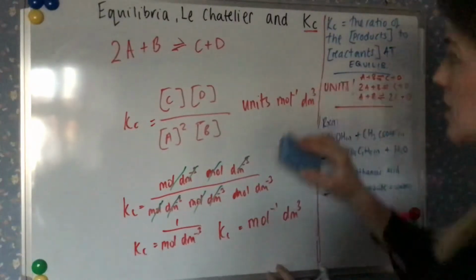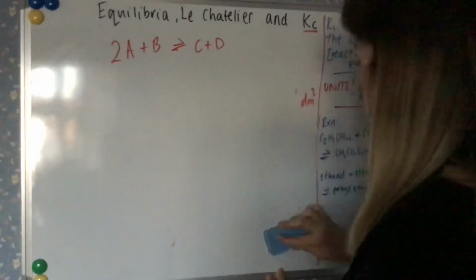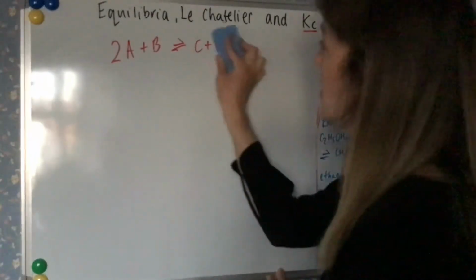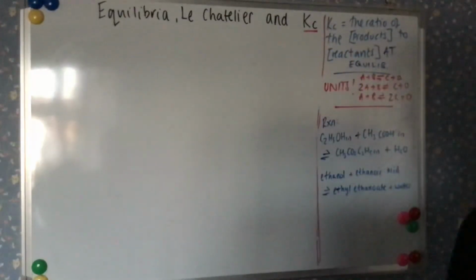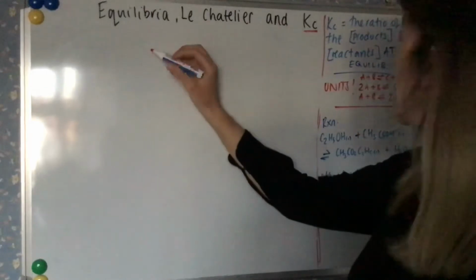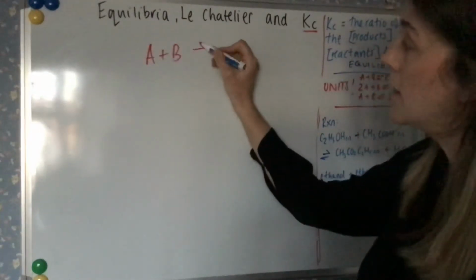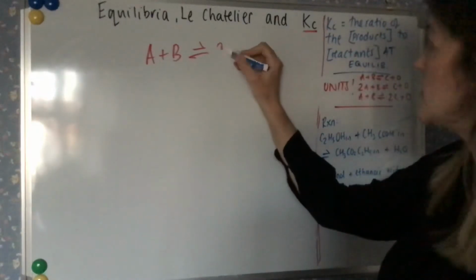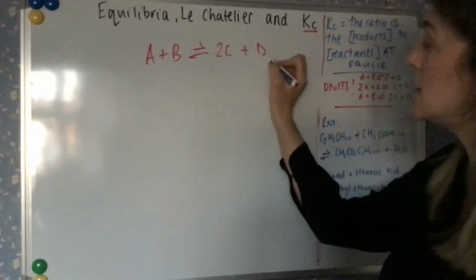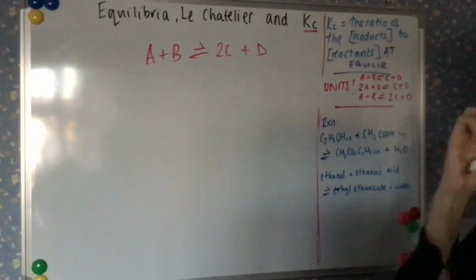Okay, so the last one to show you, there is a slightly more complicated one which maybe I'll show you if I come across it. Okay, so we've got A plus B is in equilibrium with 2C plus D. So we're going to construct the expression again.